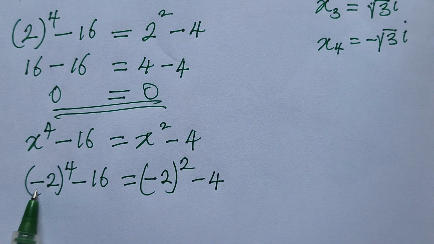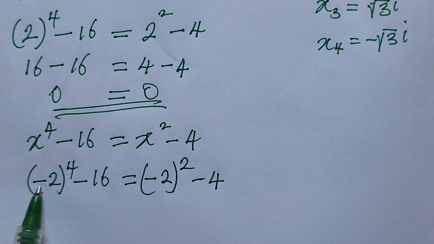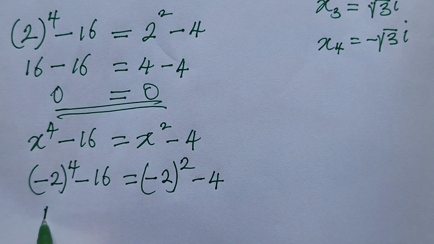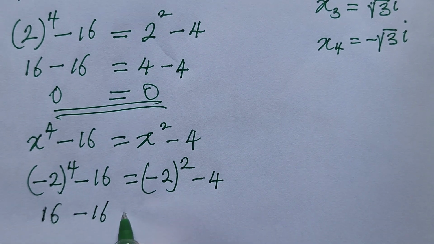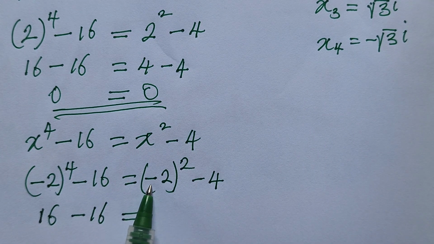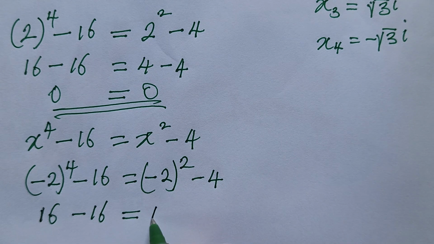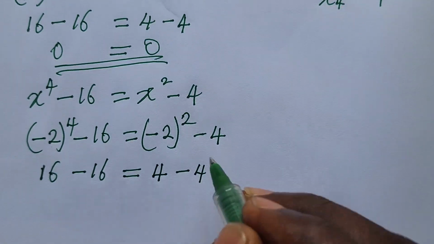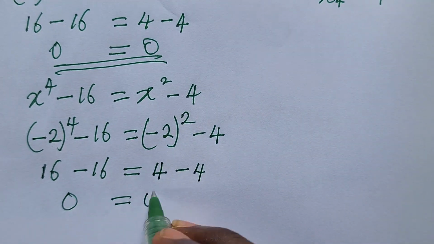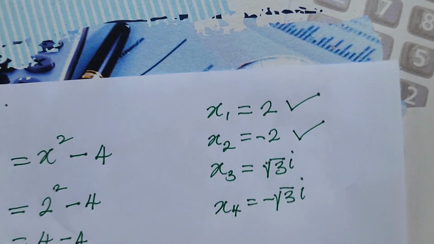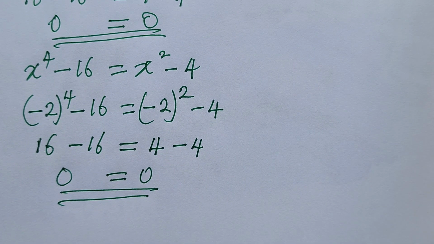Again, the power of 4 will affect this minus sign, so minus 1 to the power of 4 gives us positive 1, and 2 to the power of 4 gives us 16. So we have positive 16 minus 16 equal to, minus 1 to the power of 2 gives us plus 1 and 2 to the power of 2 gives us 4, so positive 4 minus 4. Again, we have 0 equal to 0. So this shows that the second answer, x equal to minus 2, satisfies the original equation.